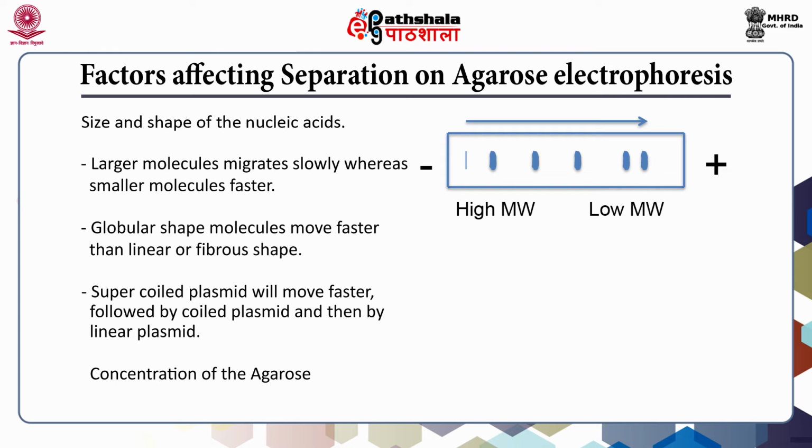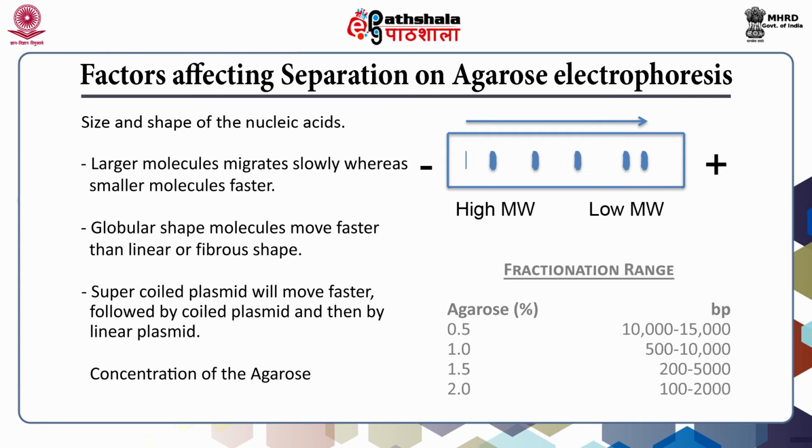This is dependent on number of base pairs present in digested nucleic acid. For example, 0.5% agarose is used for fractionating 10,000 to 15,000 base pair long DNA. Similarly, 2% agarose is used for fractionating or separating 100 to 2000 base pair long DNA. So this range is given in tabular form here.